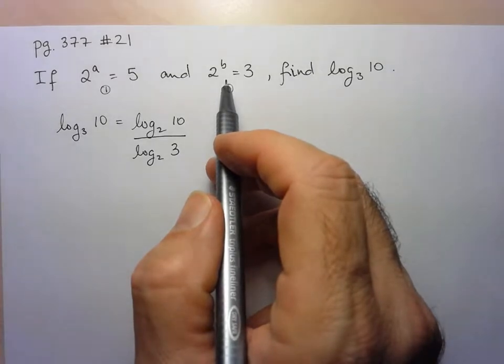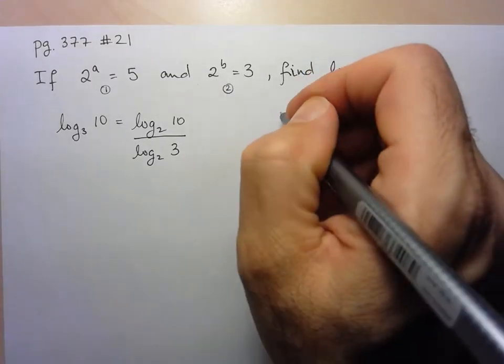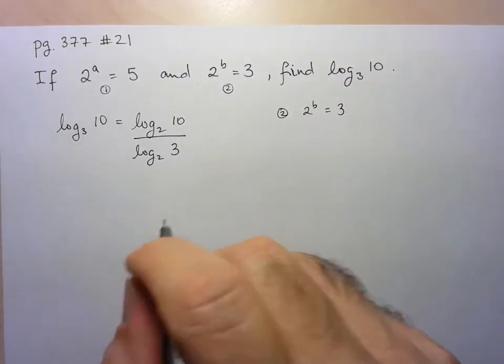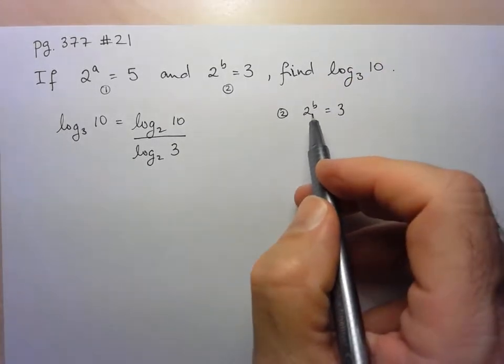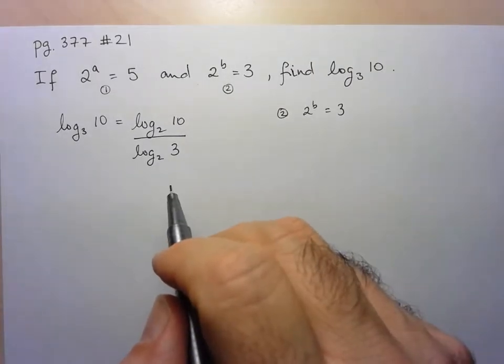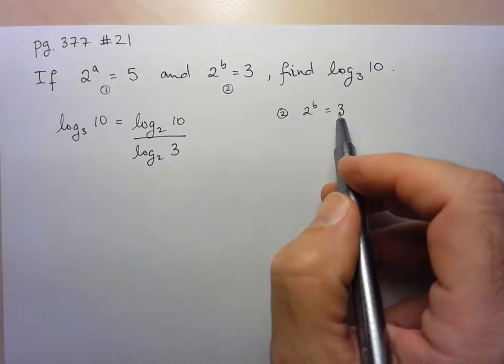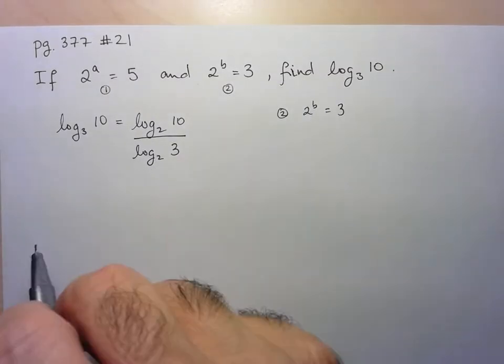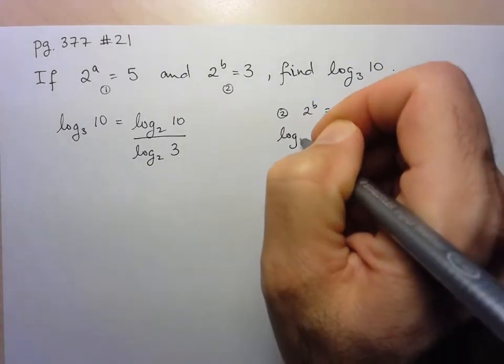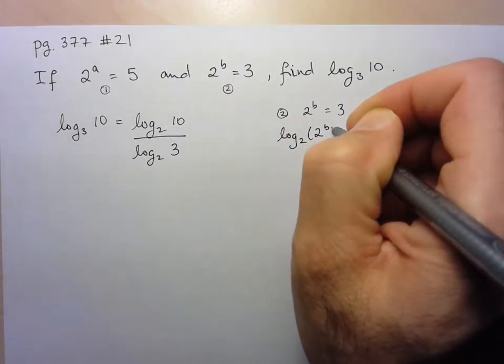If I take 2 to the b equals 3, and I take log base 2 of both sides, that's useful because on the left hand side I'll just get rid of that base 2, and then if I take log base 2 of the right hand side, I'm going to get exactly that denominator. Normally I wouldn't show this step, but let me be really clear as to what I'm doing. I'm taking log base 2 of both sides.